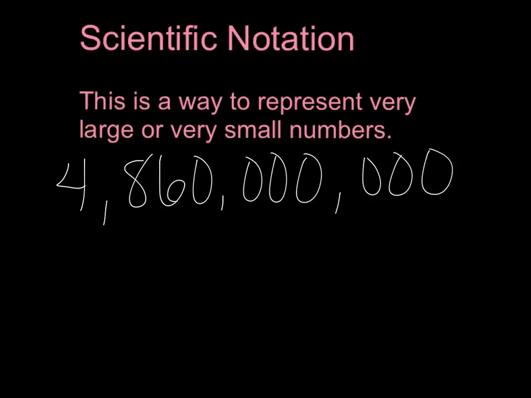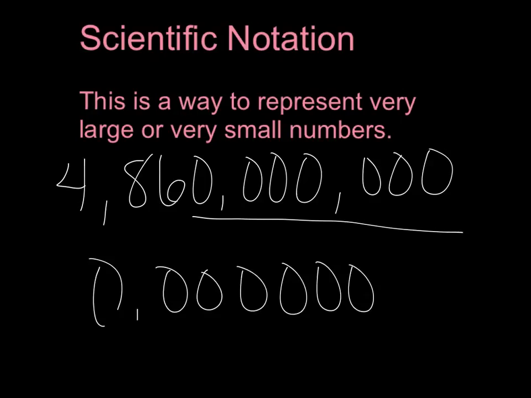If I were to ask you to write this number down several times, adding, subtracting, multiplying, dividing it, or just writing it over and over, you could lose track of how many zeros there are. Scientific notation provides us with a way to write this number that doesn't have all the repeating zeros. It works with very, very large numbers and very, very small numbers as well.